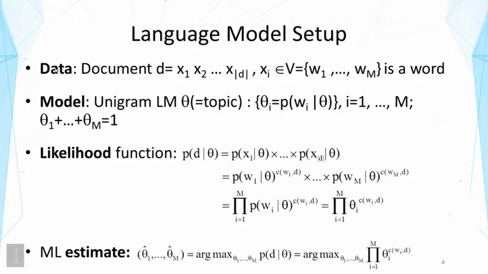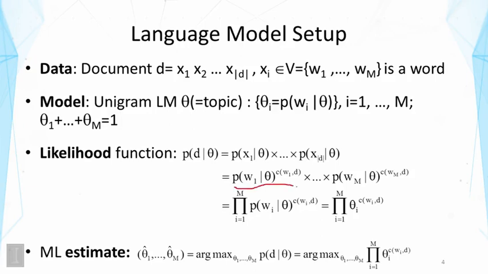Now, what does the likelihood function look like? Well, this is just the probability of generating this whole document given such a model. Because we assume independence in generating each word, the probability of the document would be just a product of the probability of each word. And since some words might have repeated occurrences, we can also rewrite this product in a different form.